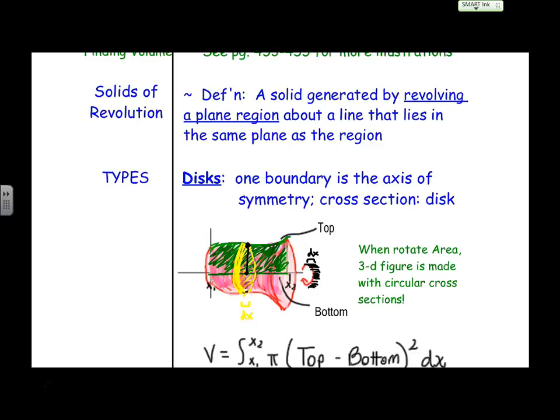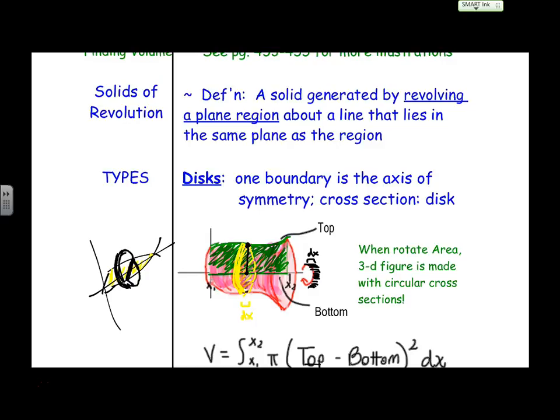How is that different, once again, from cross-sections? Cross-sections, you would maybe have some sort of area between curves. If we had circular cross-sections, you would have a circle generated up out of that area between. You would still have a dx if it's perpendicular to the x-axis.